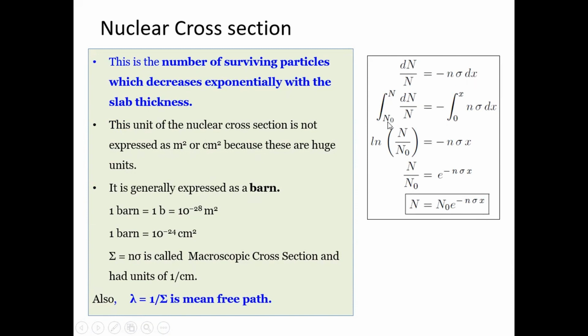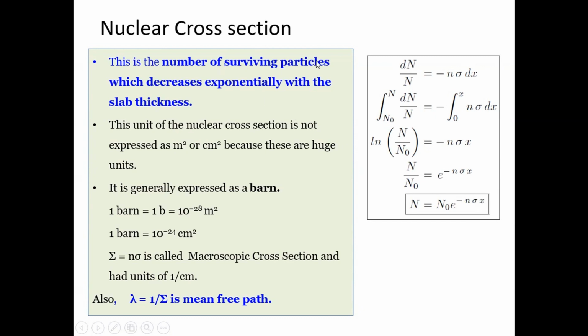And if you integrate from n naught to n, from 0 to x thickness, we get the result that the number of atoms after the distance x will be equal to the original number multiplied by e to the power minus n sigma x. So exponential decay, exponential change, is occurring as a function of the distance. The beam is getting removed as you progress in the thickness x, and sigma is the cross-section.